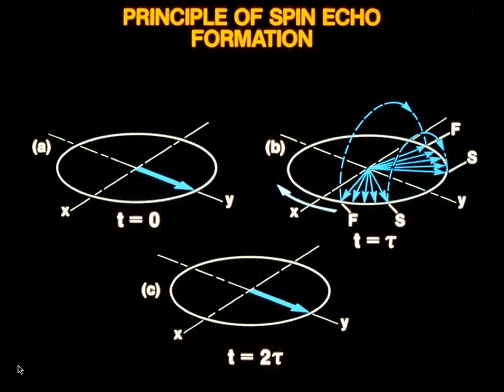Okay. Now, Sheila, will that signal be as strong as it was right after the 90-degree pulse? No. Okay. Why isn't it as strong as after the 90-degree pulse when they're all back in phase again? Because I think it's because of the free induction.